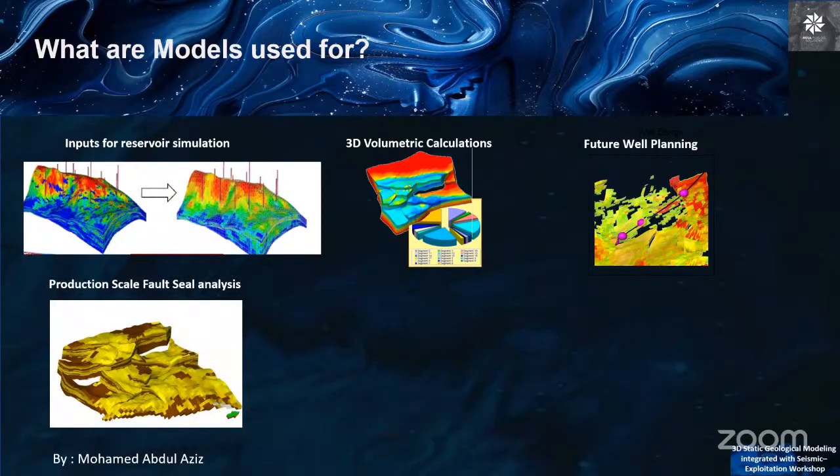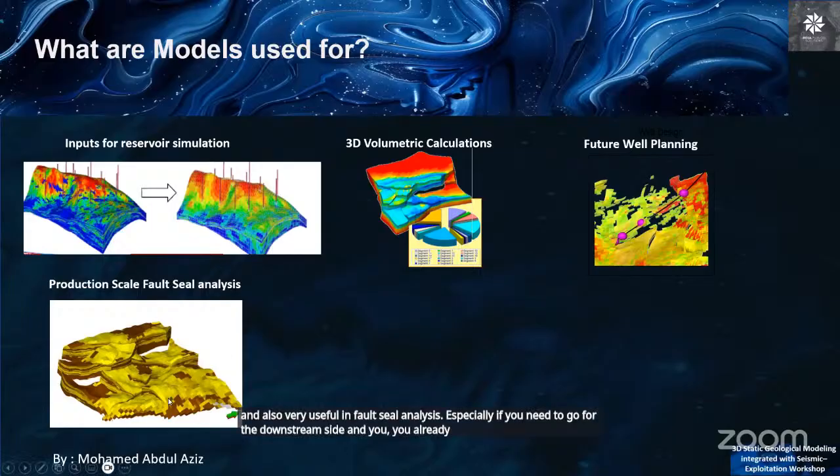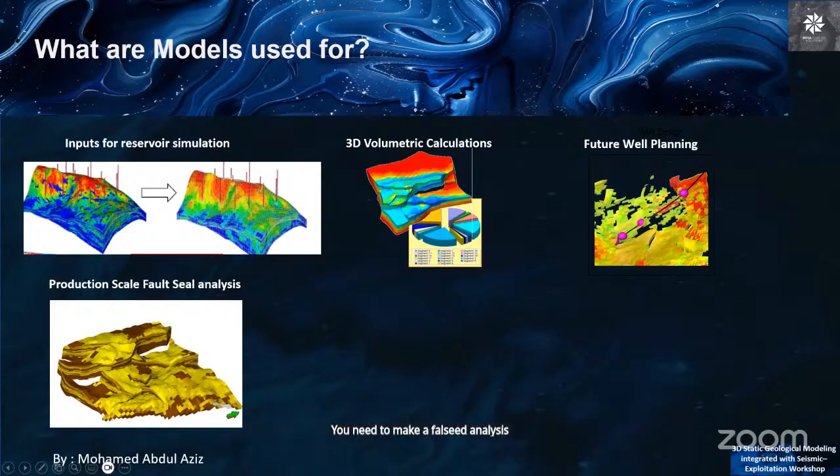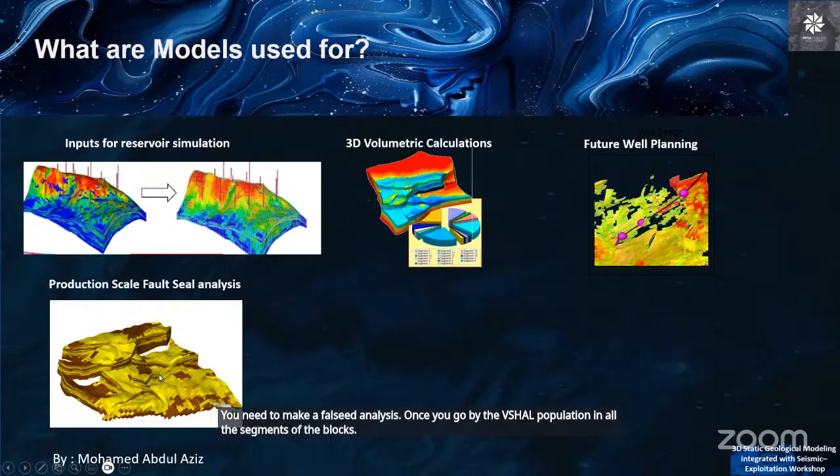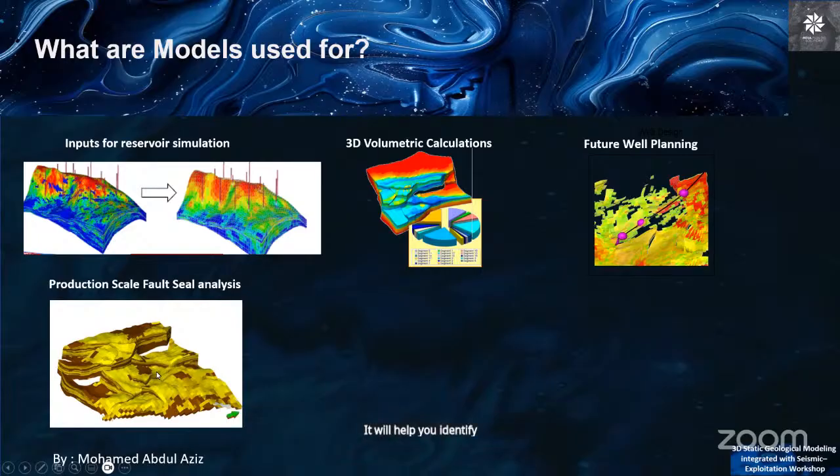And also it is very useful in fault seal analysis, especially if you need to go for the downthrown side and you already produce from the upthrown side, you need to make a fault seal analysis. Once you go by the V-shale population in all the segments of the blocks, it will help you identify and analyze the field fault sealing exactly.